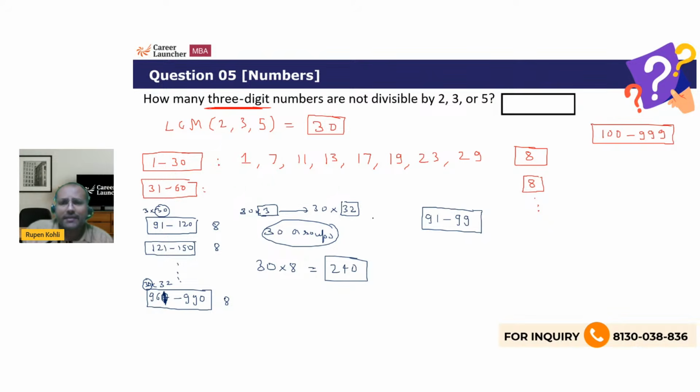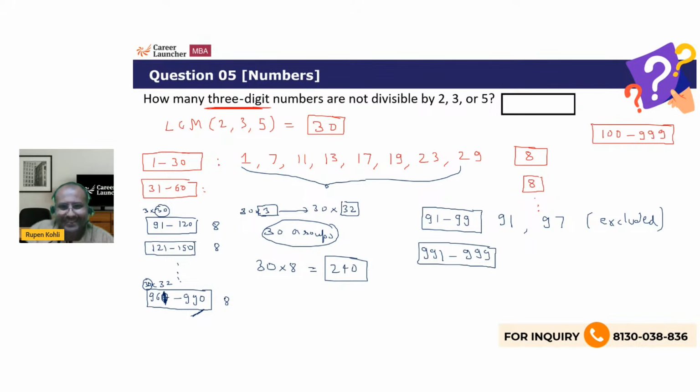From 91 to 99, look at these numbers. 91 is there, 97 is there. So these two numbers have to be excluded. They have been included by mistake. And we have to include the numbers in the range from 991 to 999. That has been missed.